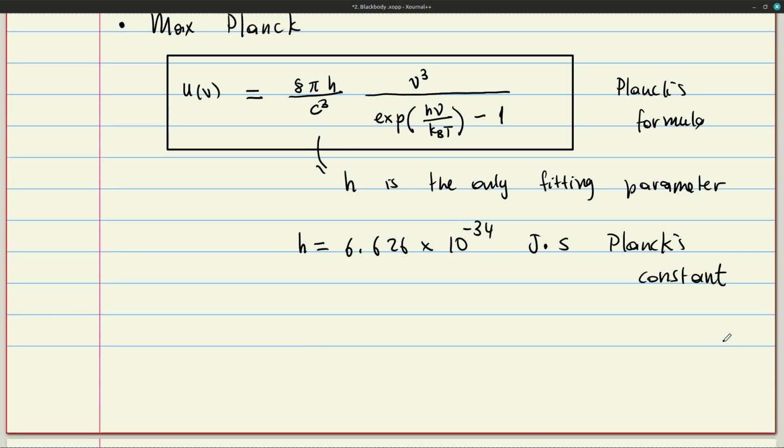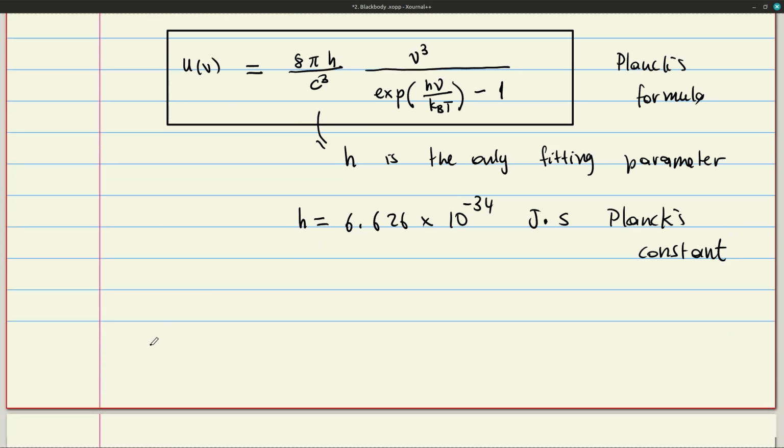We can check if this formula is making sense in the high frequency and low frequency limits. Let's check high frequency. Nu goes to infinity. Obviously, there's a gigantic exponential, so u of nu is going to go to 0. So that's a check.